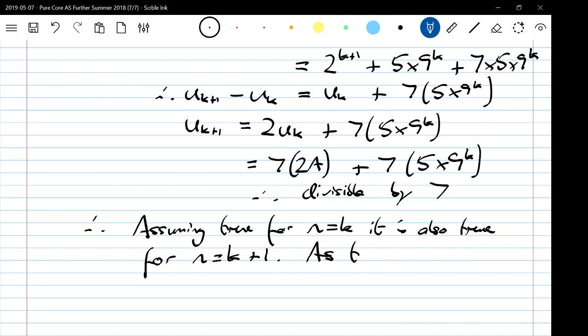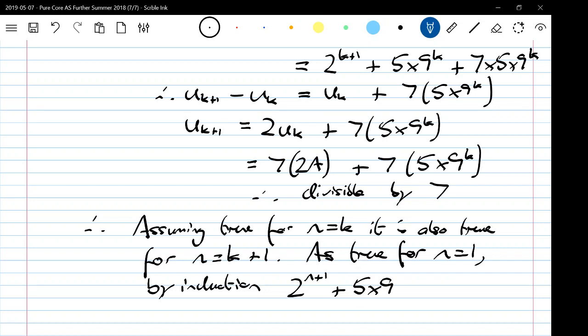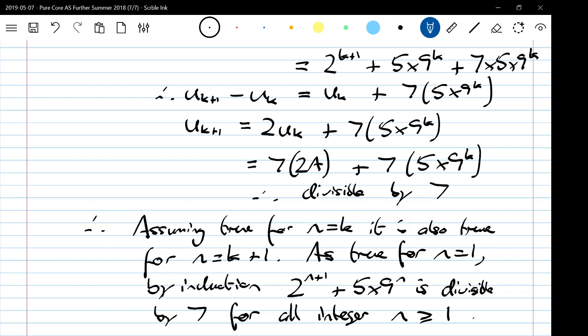As it's true for n equals 1, by induction, 2^(n+1) + 5 × 9^n is divisible by 7 for all integers n greater than or equal to 1. And there we go, and that's maths.